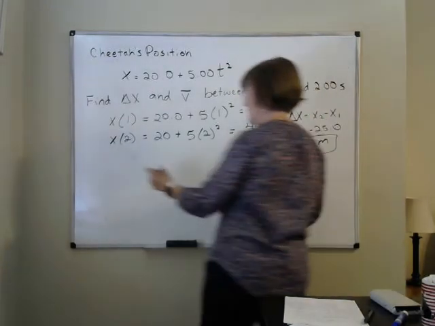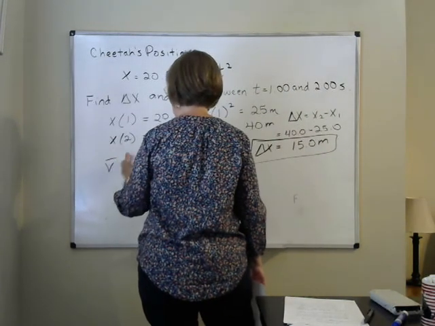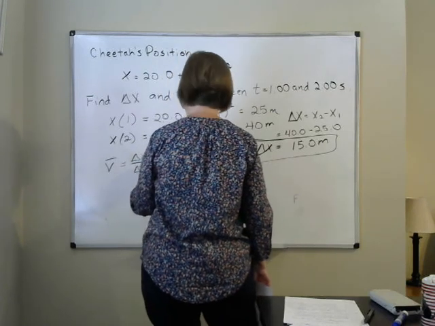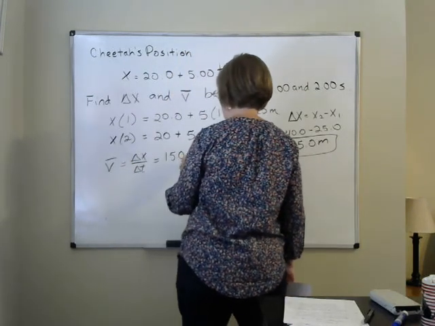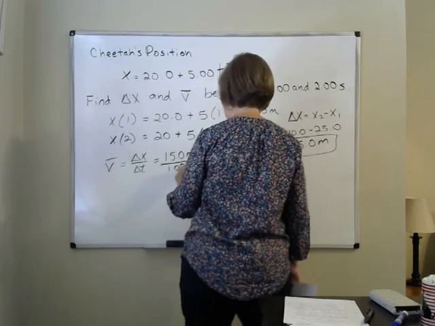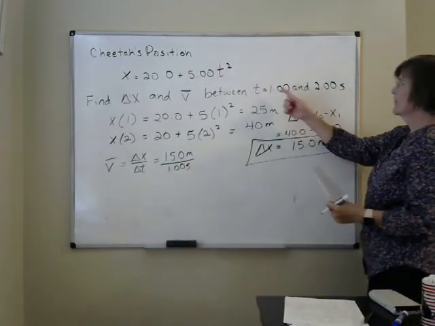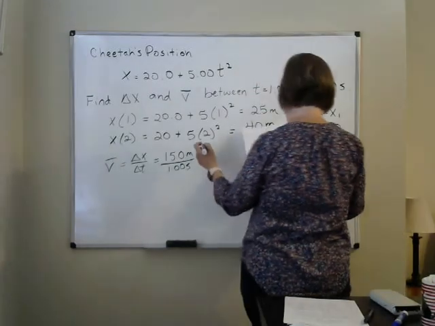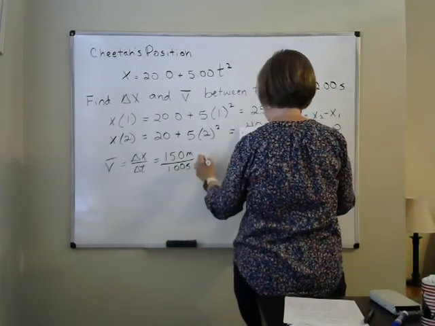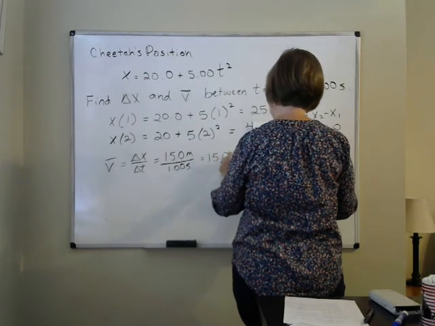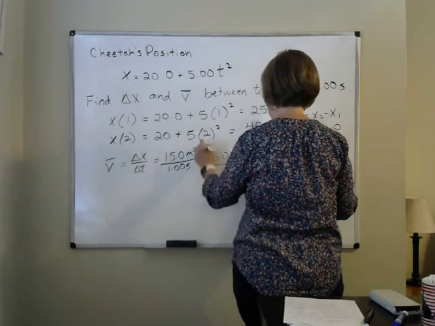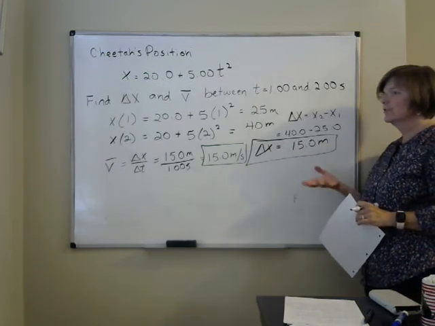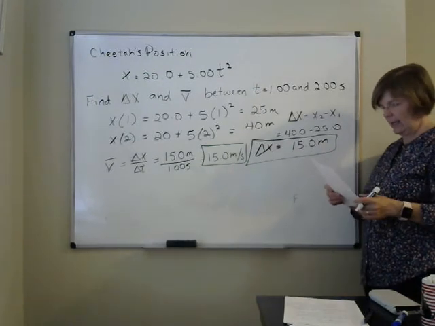Average velocity, change in position over change in time, 15.0 meters over 1.00 seconds. How did I get that? We went from 1 to 2 seconds. That's a time interval of 1 second. And I get an average velocity of 15.0 meters per second. So the displacement was 15 meters. The average velocity, 15 meters per second.